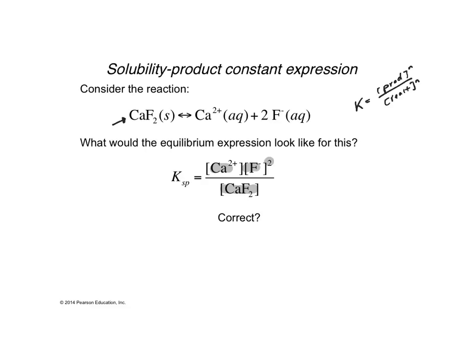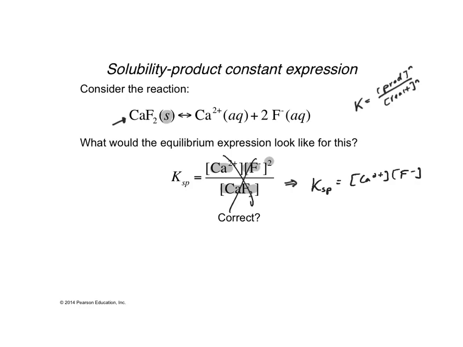You'd think that, but notice that one of our species here is a solid, and we don't ever include solids in equilibrium constant expressions. So for all of these KSPs, we will never include the reactant.